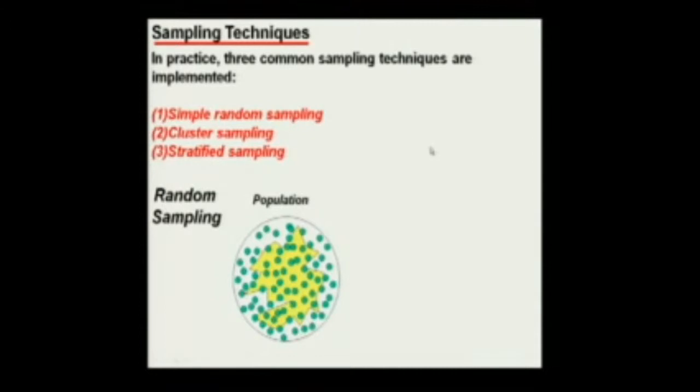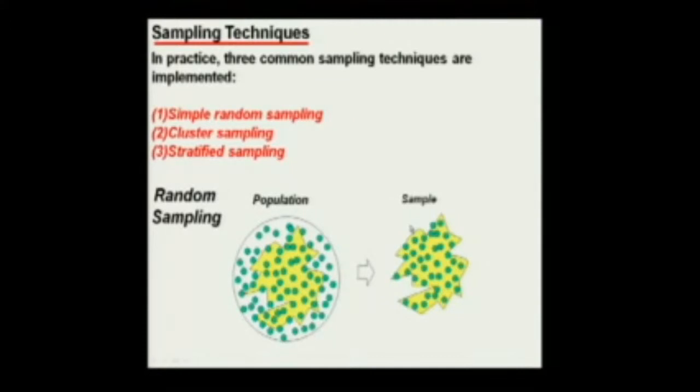Random sampling means a population from which we take a sample, and by randomness we mean that each member of the population should have an equal chance of being selected in the sample. It also means that the sample should represent a cross-section of the population.